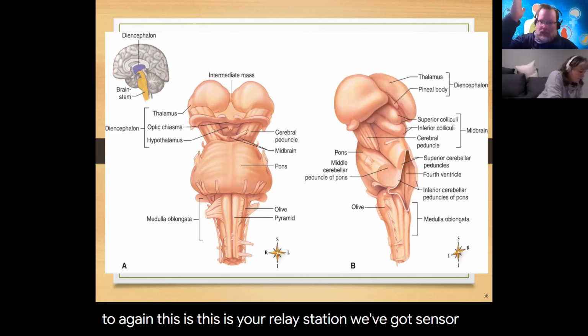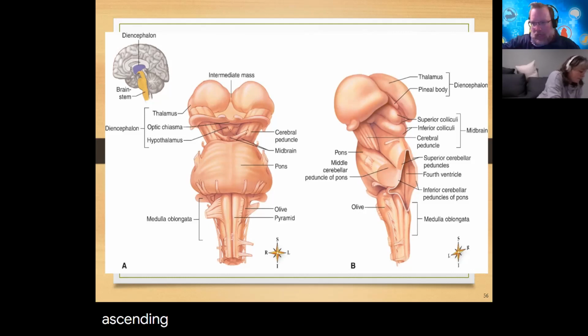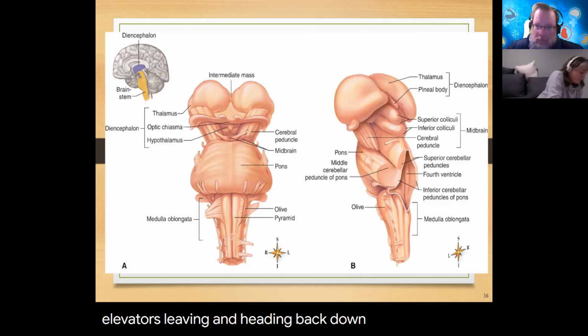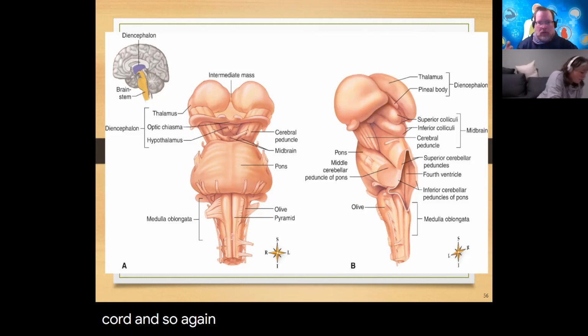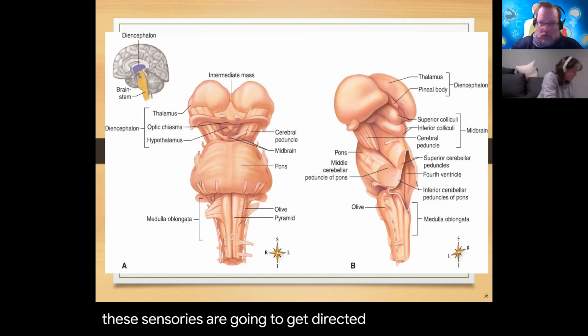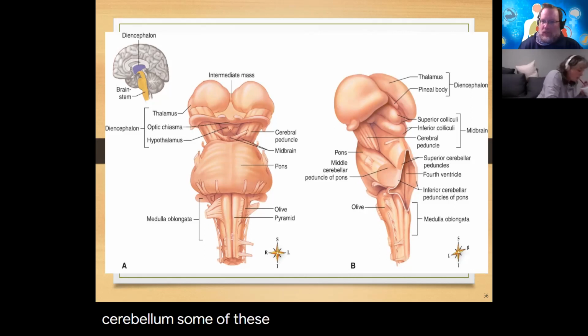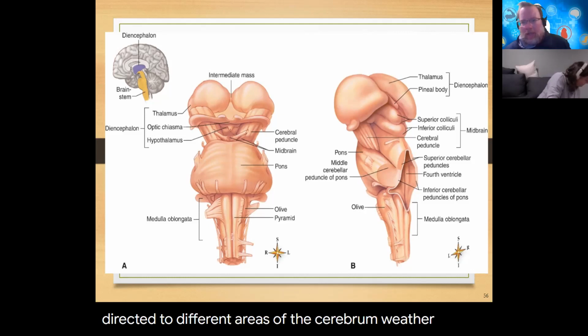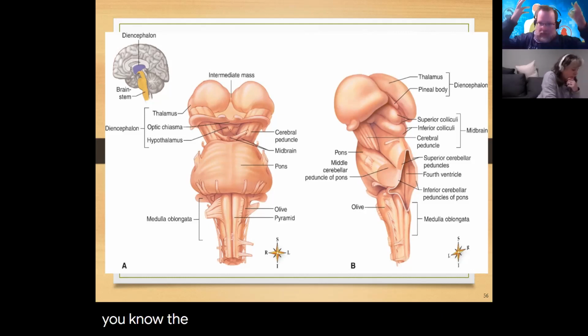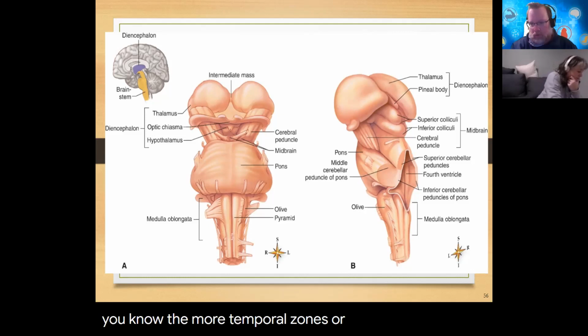We've got sensory ascending elevators coming up, and we've got descending motor elevators leaving and heading back down into the spinal cord. All these roads and pathways make this basically a hub of activity. Some of this sensory is going to get directed over to the cerebellum, and some into different areas of the cerebrum, whether the temporal zones or occipital zones.